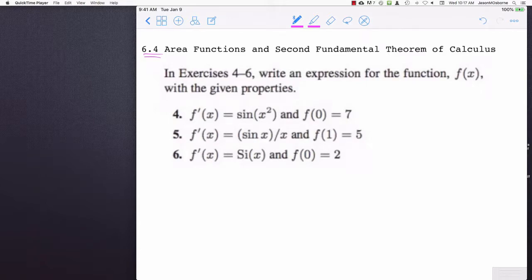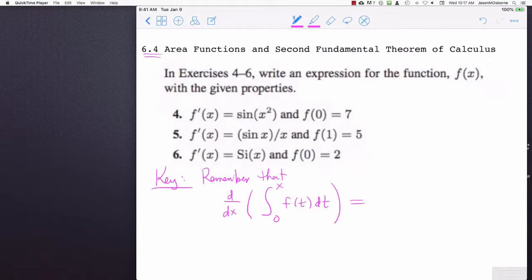The key for these kinds of problems is to remember that if you take the derivative with respect to x of the integral from 0 to x of f of t dt, the answer is little f of x.